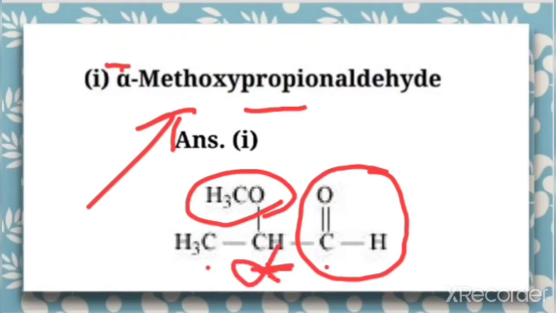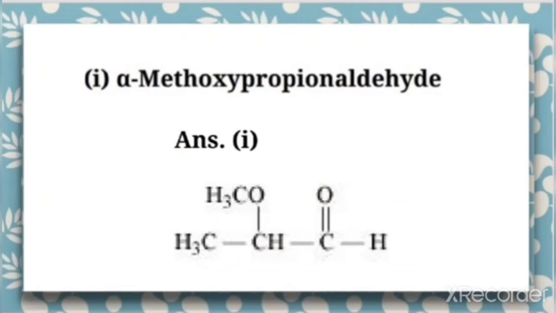So this carbon is alpha and the methoxy group is attached on the alpha carbon. So here it is ending with the name aldehyde. So that means the first carbon should be an aldehyde group, this is the second carbon and third carbon. So this is the right structure for this name.